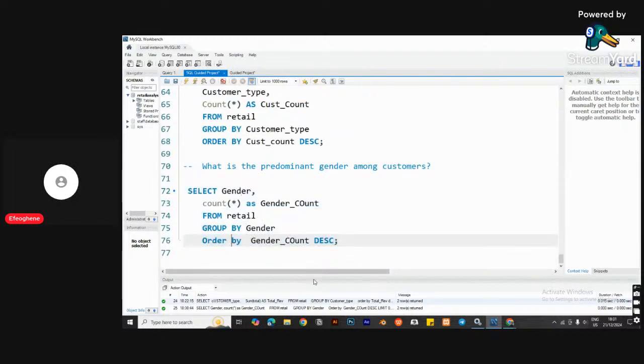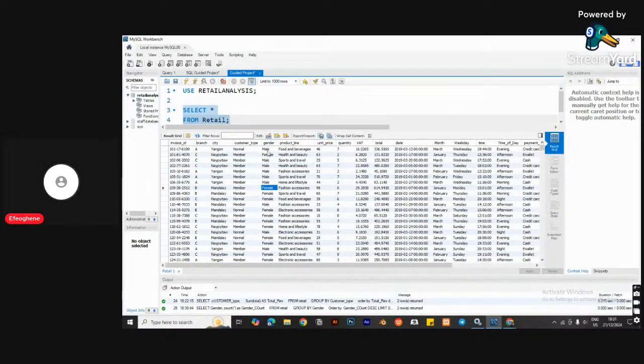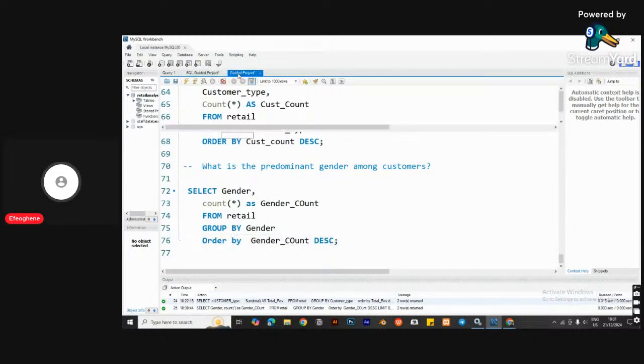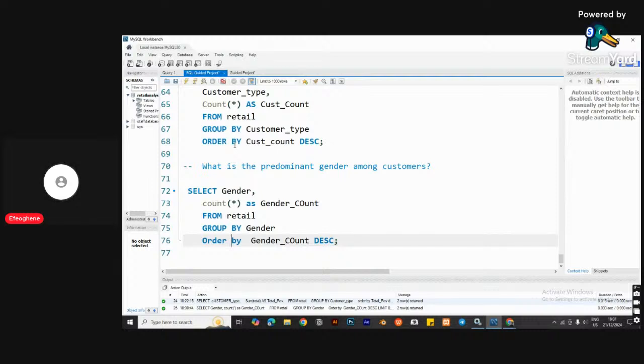So you can imagine, from this data set there's just a 50-50 split. If you put that into a pie chart, it's going to have almost the same value. So what it means is that the rate at which males interact with our product is almost the same rate at which the females interact. So you have that information there.